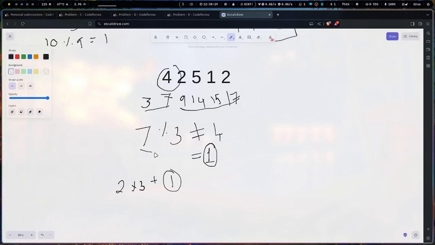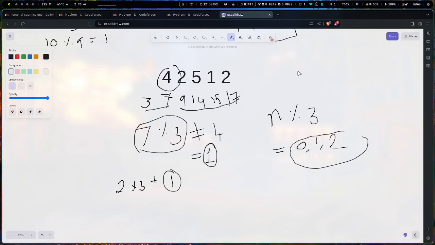Okay, so see, the modulo property. Suppose you take any number n modulo 3. What will you get? 0, 1, 2. You cannot go beyond 2. You will be in this range only. You take any number, you take 100. 100 modulo 3 is 1.